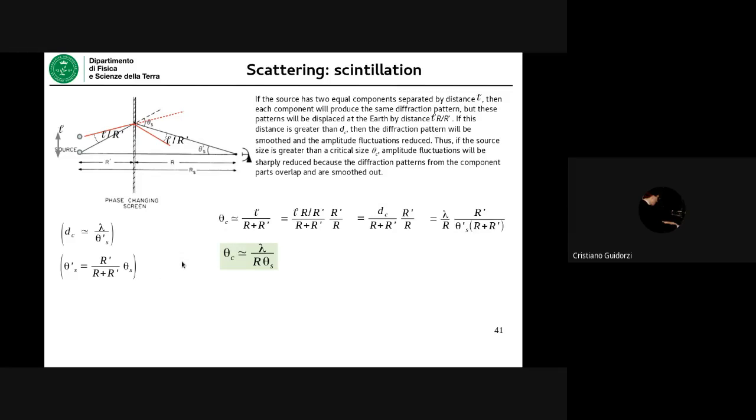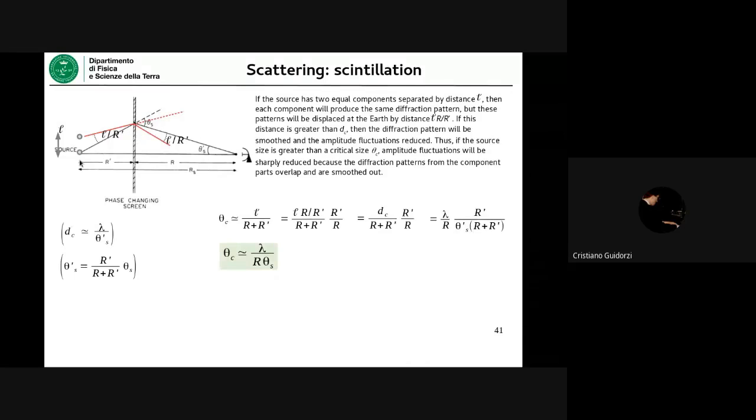Summing up, if the source is point-like, with a negligible angular size, you are expected to see fluctuations as long as you have, for example, relative motion and some turbulent medium in the screen.